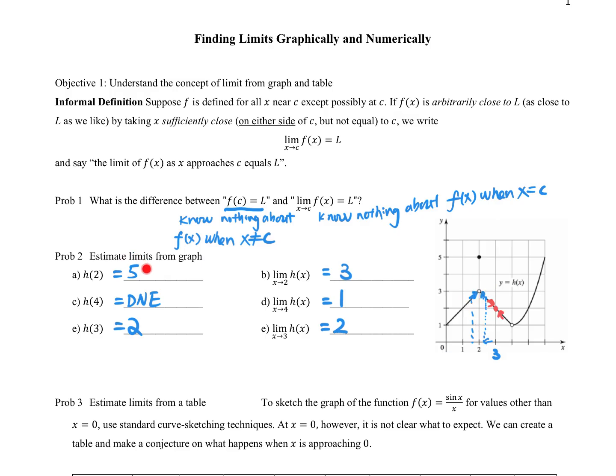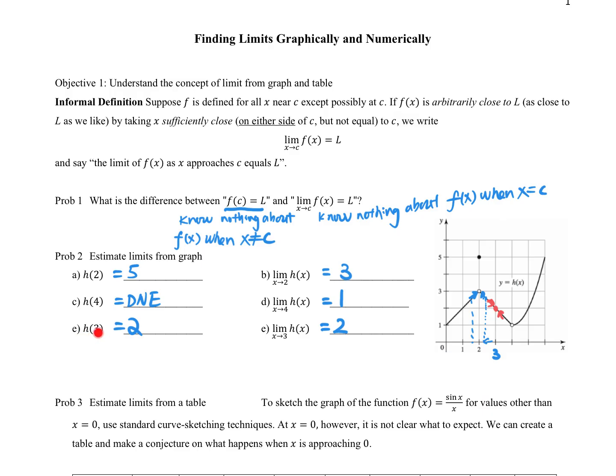The function value is not equal to the limit at x equals 2, therefore there's a gap. And the second point, x equals 4, similarly, the limit exists, however, the function is not defined, therefore it's not connected, so that's a discontinuity there.